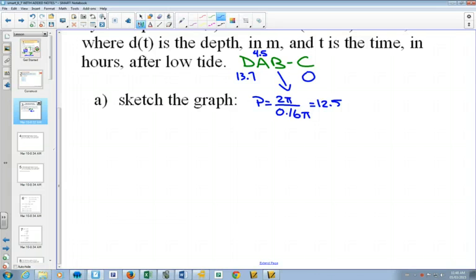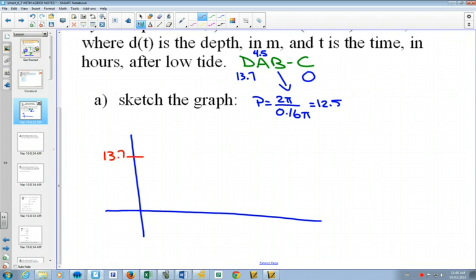So when we go to graph this, I'll start with my D value. It's 13.7. You don't have to make ticky marks all the way up. Just choose 13.7 for some value. That'll set some sort of scale up. That is your sinusoidal axis right there at y equals 13.7.